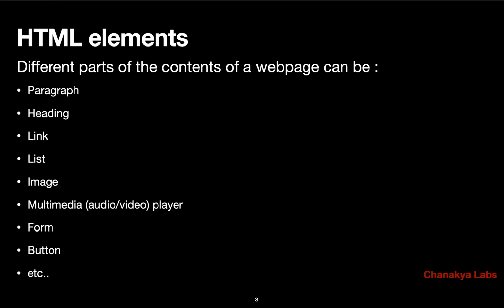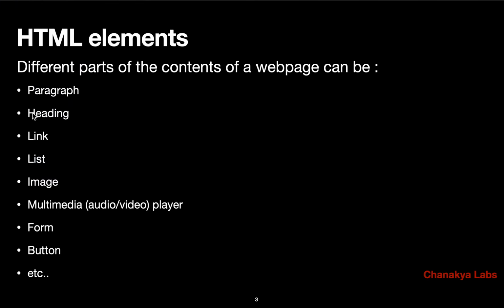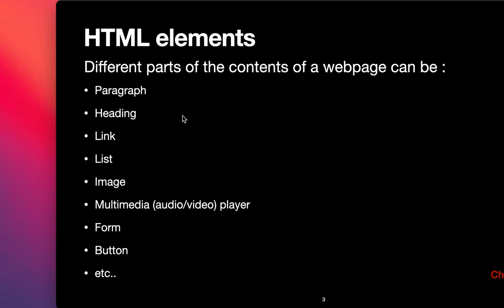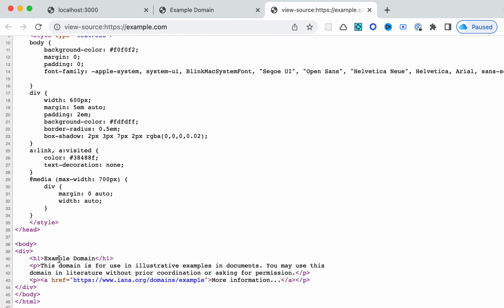But I just wanted to give an overview of what we mean when we say elements. We mean that something is a heading, something is a paragraph, right? These elements justify that this section is annotated as a heading, or that section is annotated as a paragraph. And there are lots and lots of such elements in HTML.